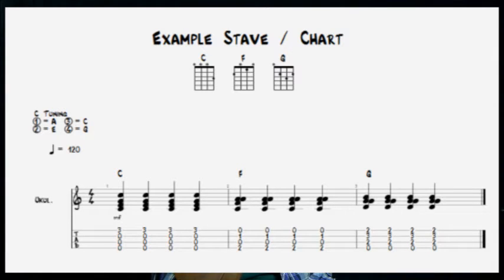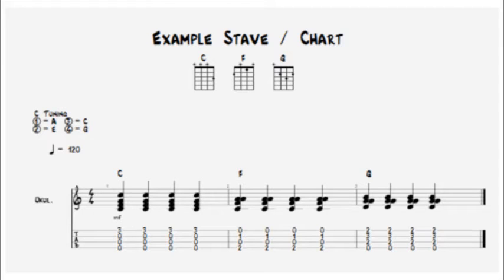But then on the tablature that you can see below, you can see the 4 horizontal lines, which correspond to the 4 strings on the ukulele. And they'll have fingerings on them. That's a little bit different. So we have regular music up top, tablature underneath, and then above all of that, we're going to have the chord symbols. And you'll be able to see where the chords occur in the music.